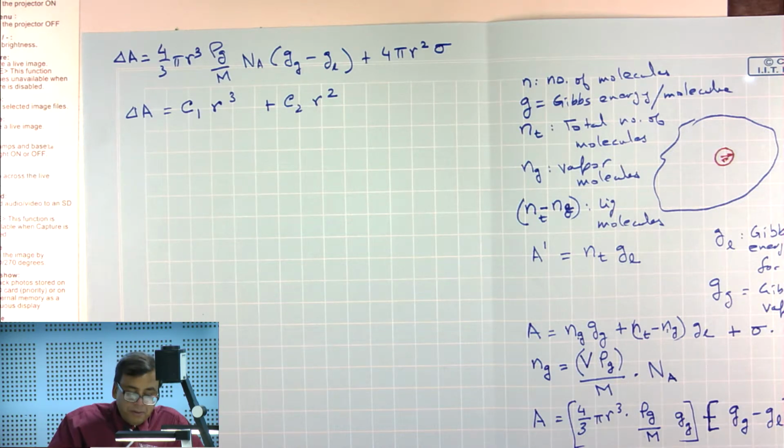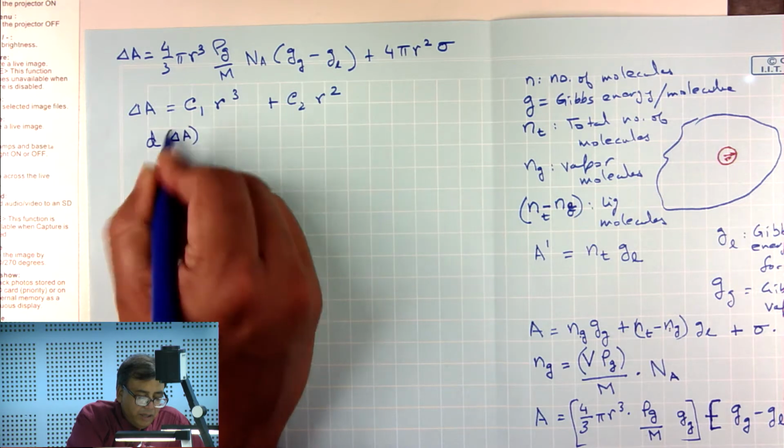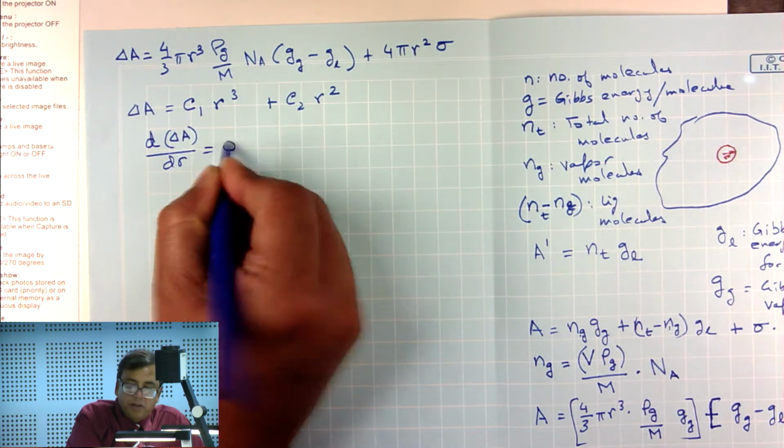Now, I want to find out what is the radius at which my availability is maximized, because then my system will try to spontaneously go to that radius first, whatever maximizes my change in availability. So, I am interested in finding out d delta A by dr equal to 0.